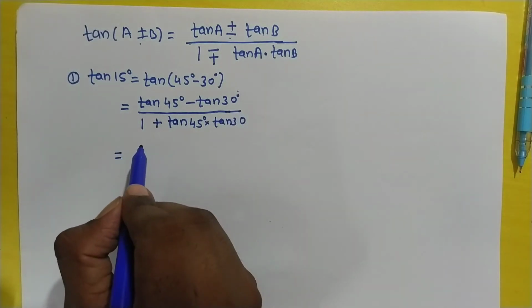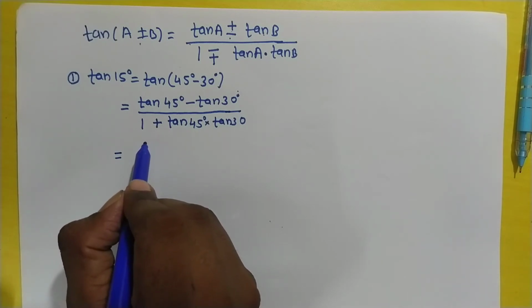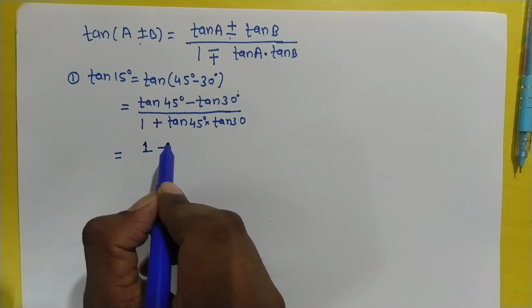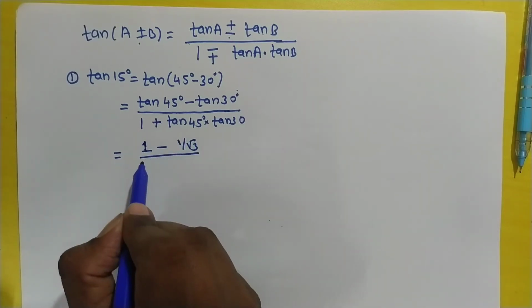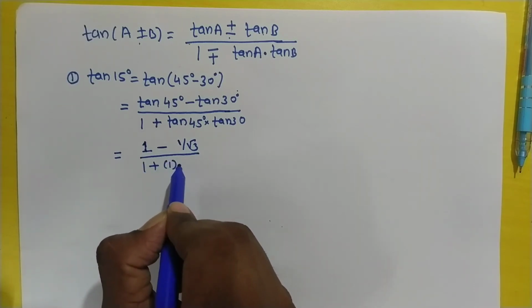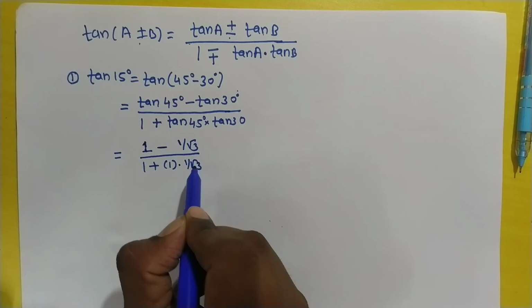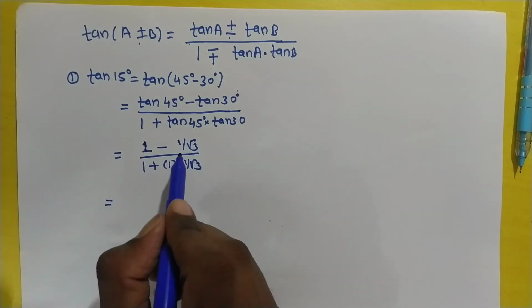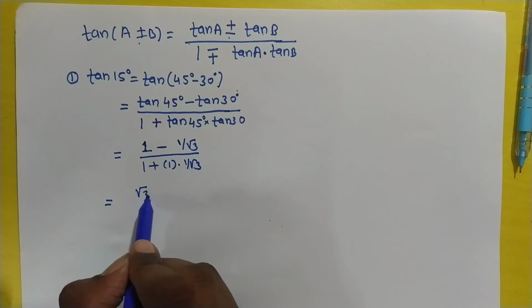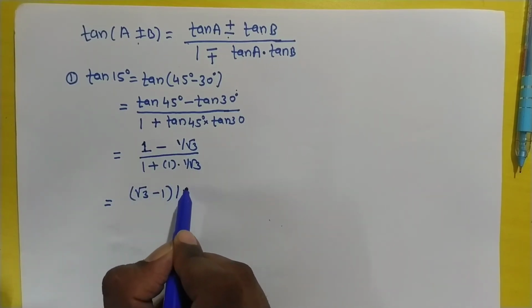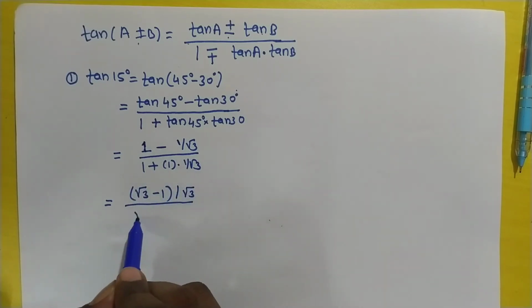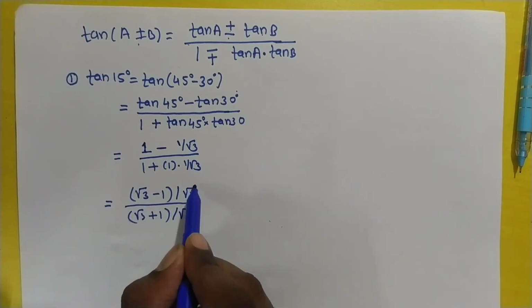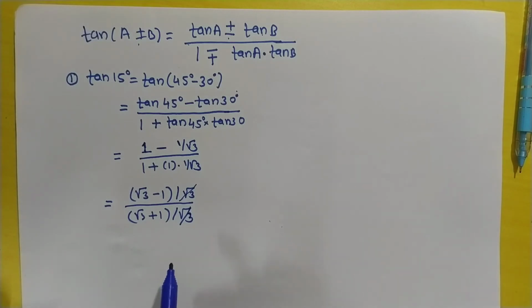We know that tan of 45 is 1, minus tan of 30 degree is 1 upon root 3, on divide 1 plus tan of 45 is 1, tan of 30 degree is 1 upon root 3. After cross multiplication we get root 3 minus 1 on divide root 3, and divide root 3 plus 1 on divide root 3. So root 3 gets cancelled.